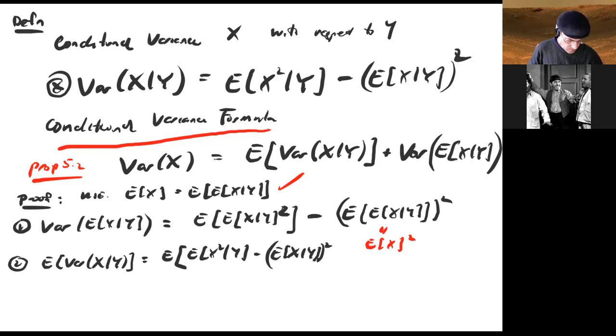But we know that the expected value of a difference is the difference of the expected values. So you're going to get E of X squared conditioned to Y minus E of X conditioned to Y, squared.